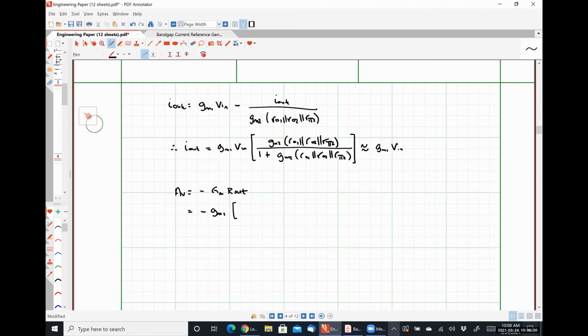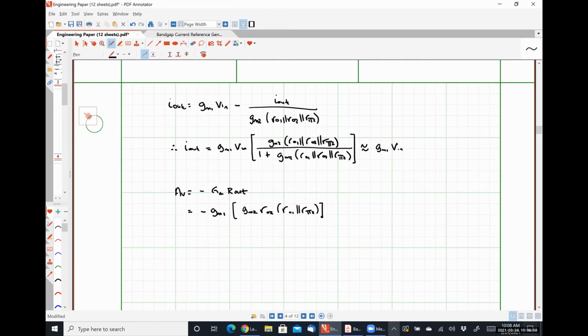And our output resistance is just what we spent so much time calculating on Monday, right? So skipping ahead to the reduced form, we would have GM2 R02 multiplied by R01 in parallel with R pi 2 here.